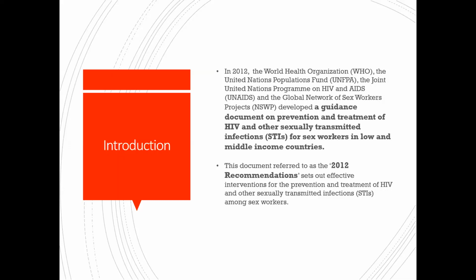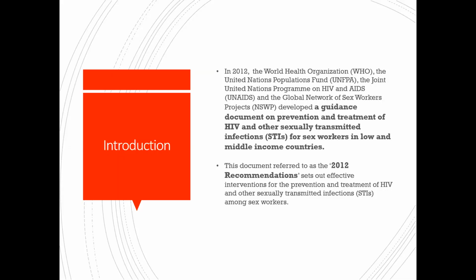One of ASWA's missions is scaling up of community prevention through the Sex Workers Academy Africa, whose main objective is to build the capacity of sex workers-led groups in Africa to promote and implement the Sex Workers Implementation Tool, which is the SWIT.